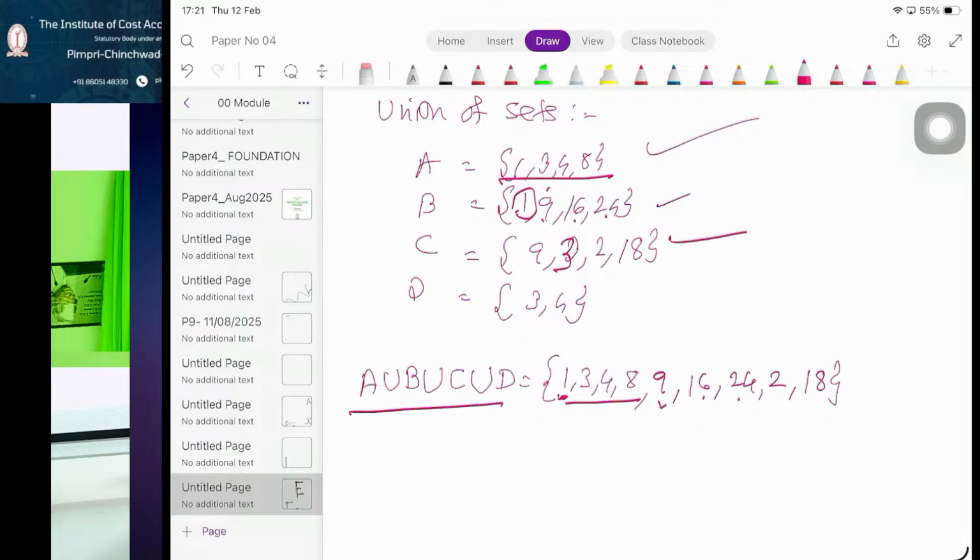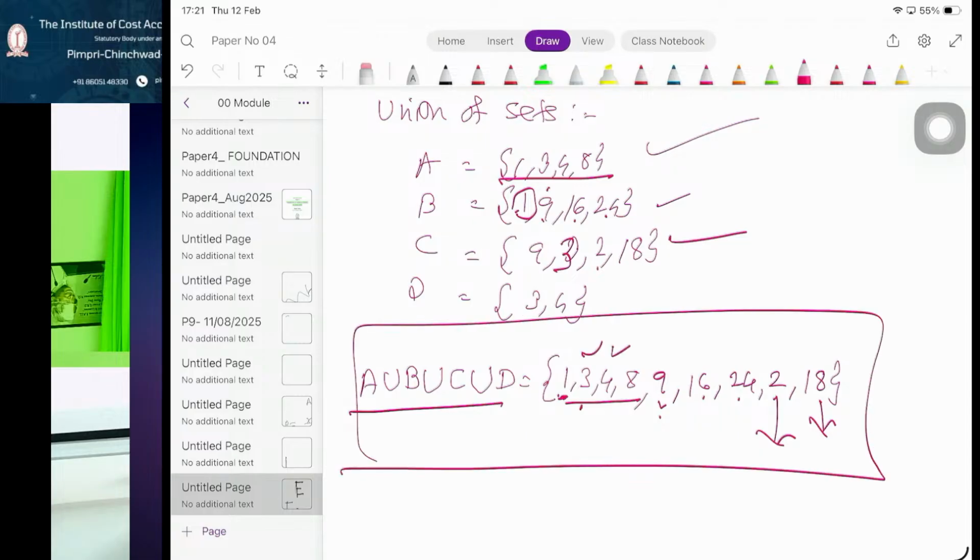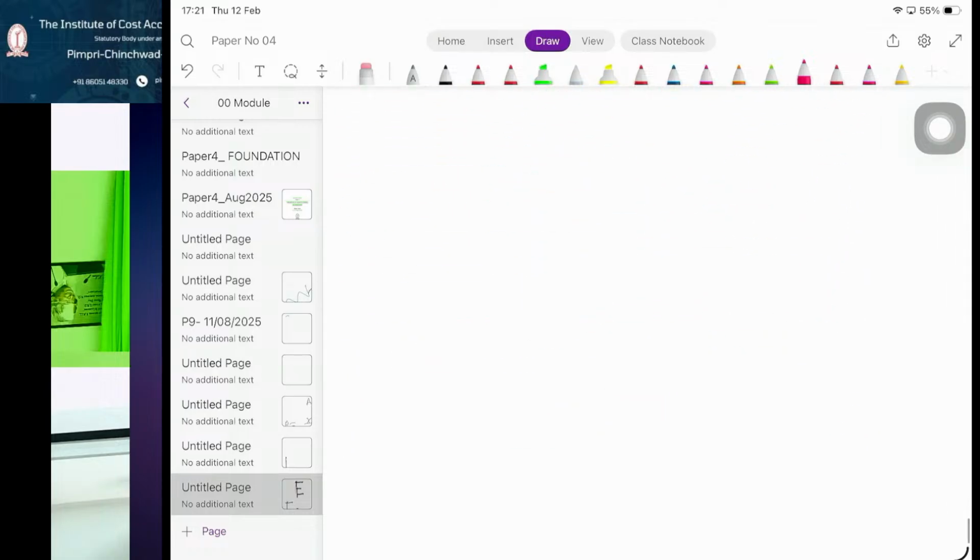Then I will jump to the set C. 9 is already there, 3 is already there, 2 is not there, so I added it. 18 is not there, I have added it. 3, 4 already there. So this is the combination of A union B union C union D. This is called union of sets.